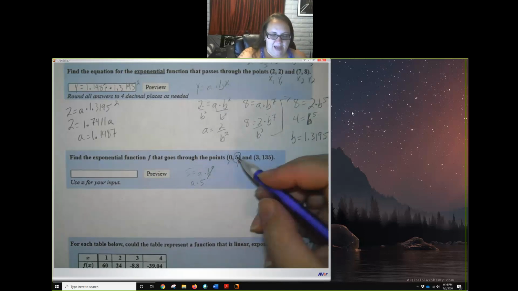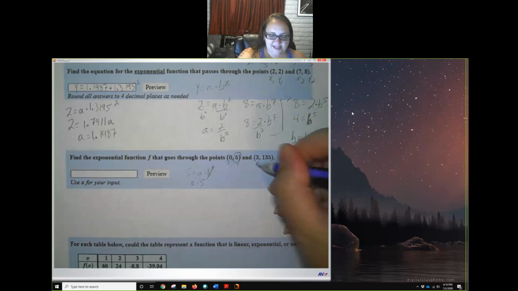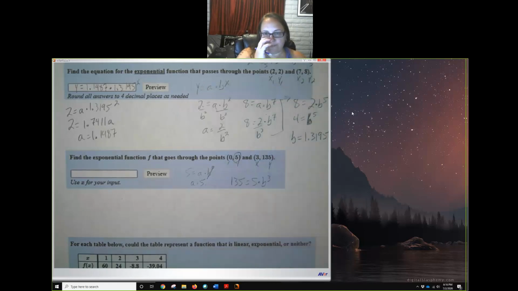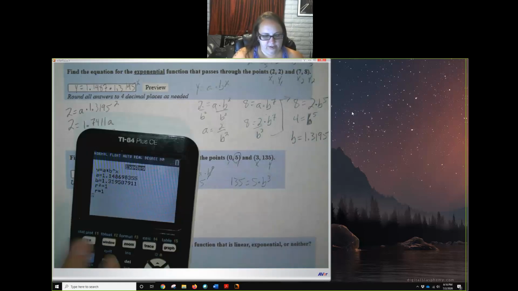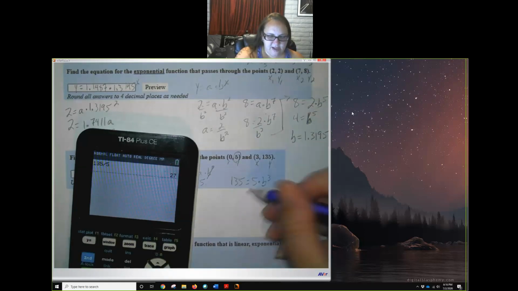Excuse me. So now that I know a, I can plug this x and this y in with that a and say 135 equals 5 times b to the 3rd power. 135 divided by 5 is 27.